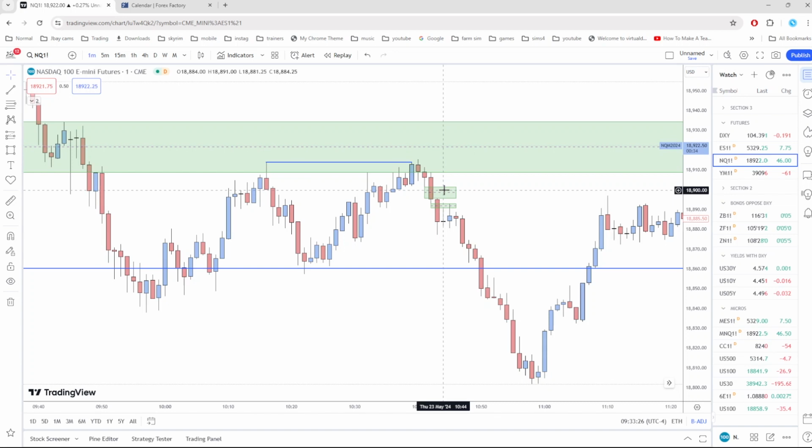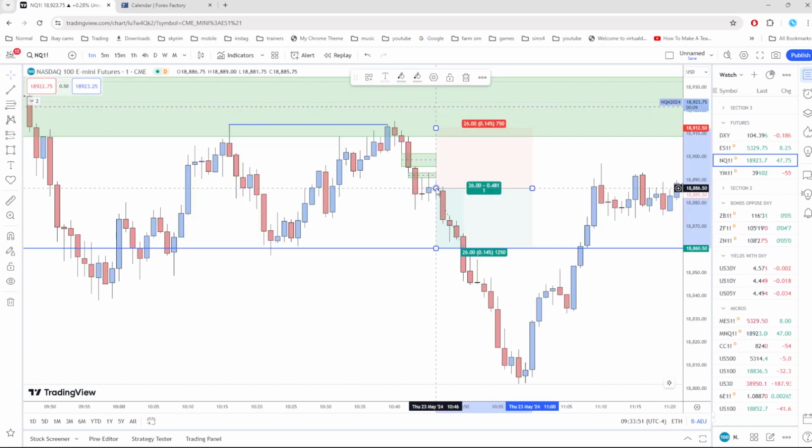There's the order block. All right. And then price comes into that second fair value gap, 10:45. That could be a potential entry.